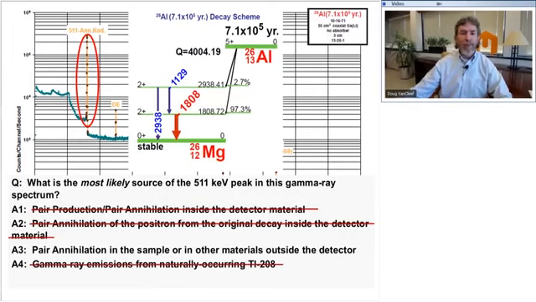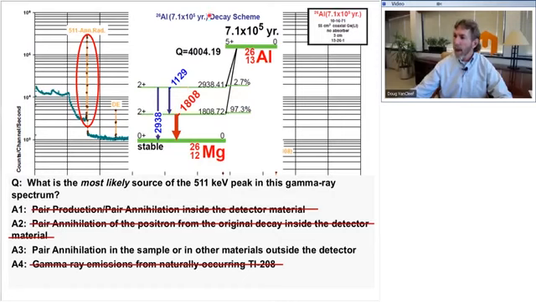If you said that the 511 comes from pair annihilation in the sample or in material surrounding the detector, or perhaps you said to yourself that the 511 comes from pair annihilation following this positron decay, you aced it. Since there's no mathematical way to come up with a 511 if the pair annihilation begins in the detector, it has to occur outside. And with aluminum-26, we have 2 highly probable ways for that to happen.